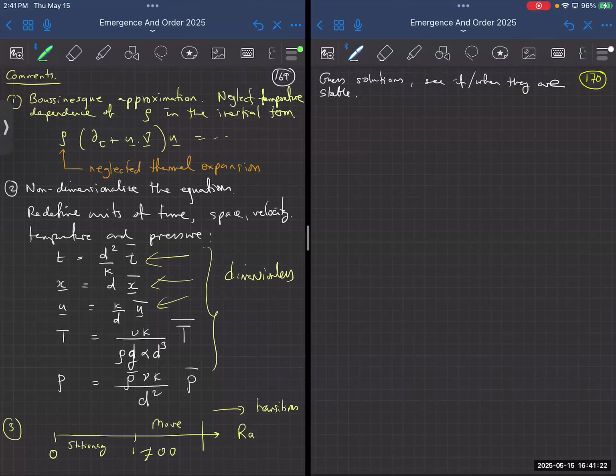So let's have a look at one of these solutions. So you might say, well, I'm going to guess that we're going to have stripes. So what would a stripe look like?